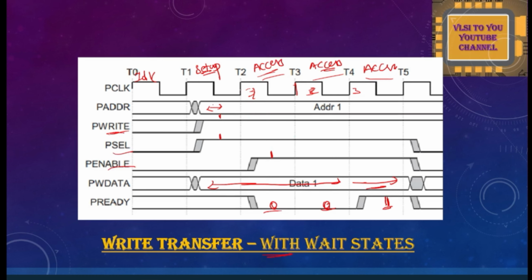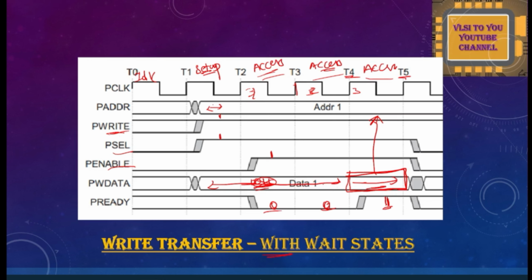If during the setup phase or access phase you have sent the data as 1011, and during the waiting period you change or extend it, there will be a loss of data, because only the data present between this t4 and t5 clock period will be transferred.